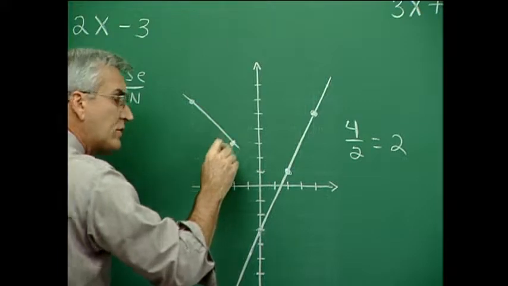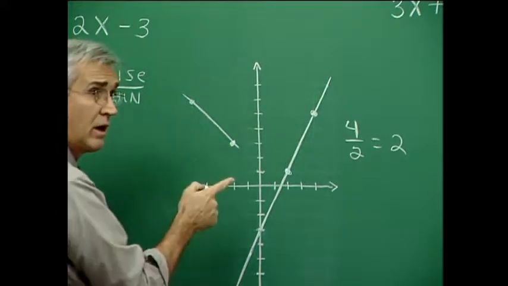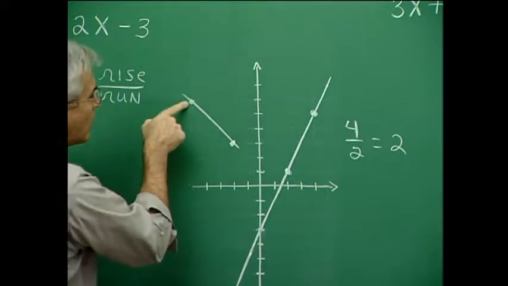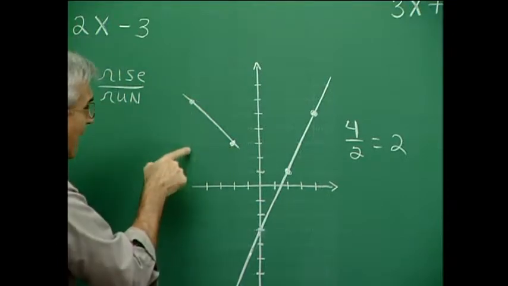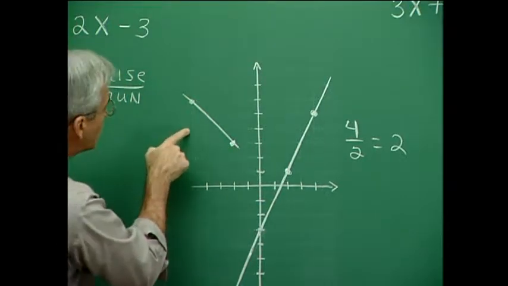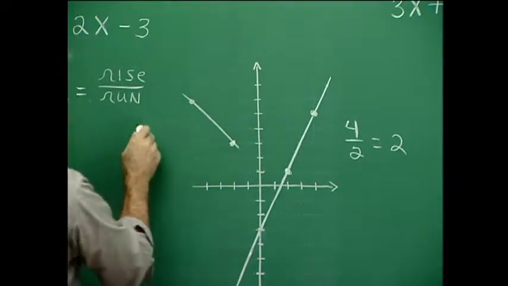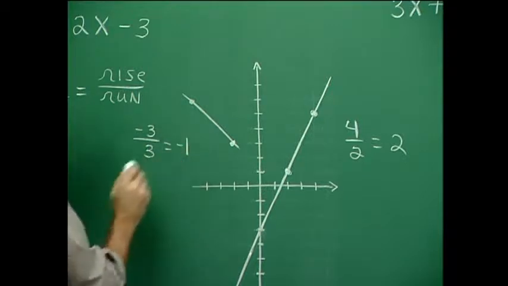Now, this calculation of rise over run can be made from any point to another, regardless of leftness, rightness, and that kind of thing. So if we're going from this point to this point, we actually fall. We go down 1, 2, 3, and then we go over 1, 2, 3. So the rise would be -3, the run is 3, so a slope of -1.